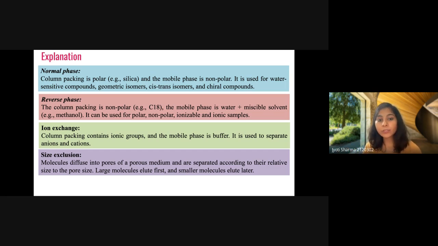This we can use to identify samples that are polar, non-polar, or ionizable. So we have different phases we can select based on what kind of compound or sample we have. So different phases we can have.